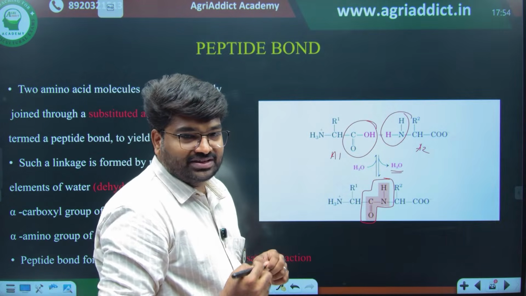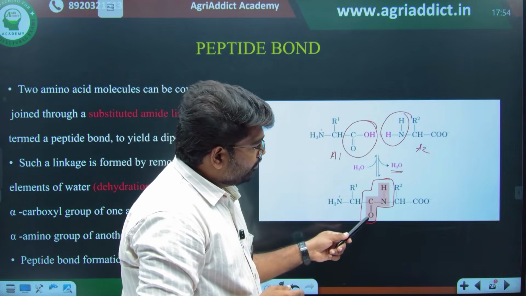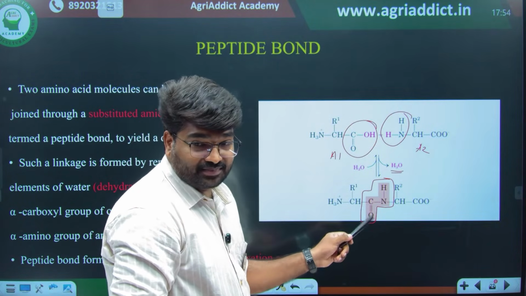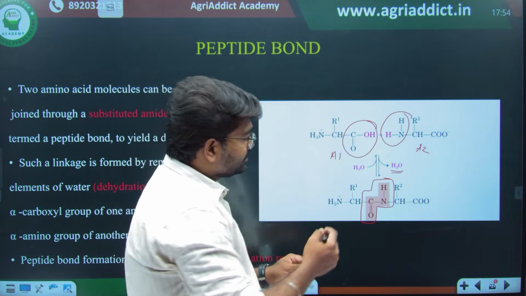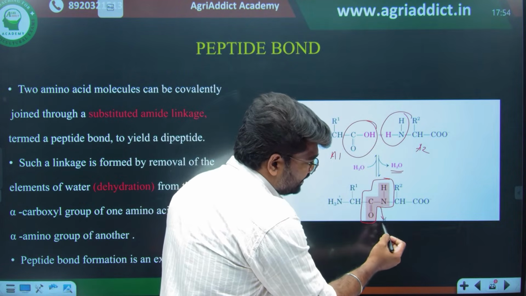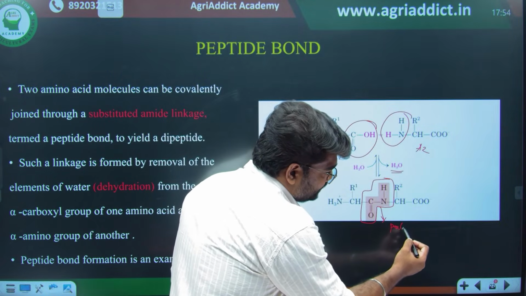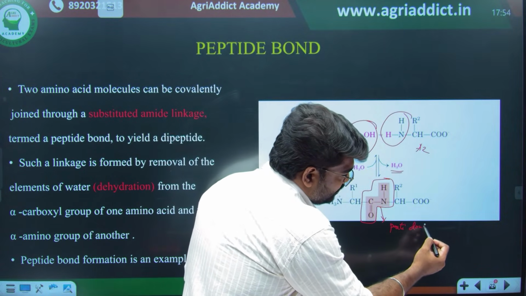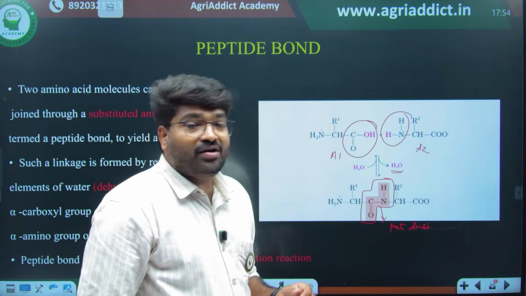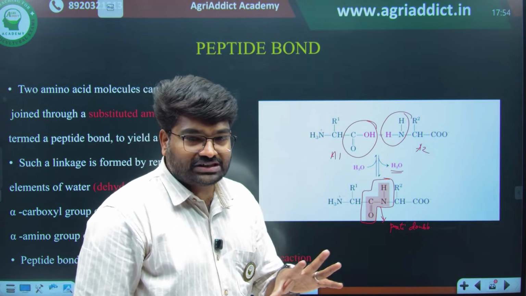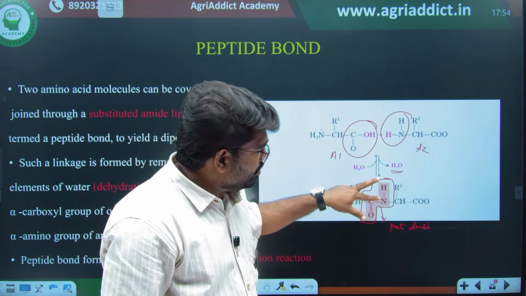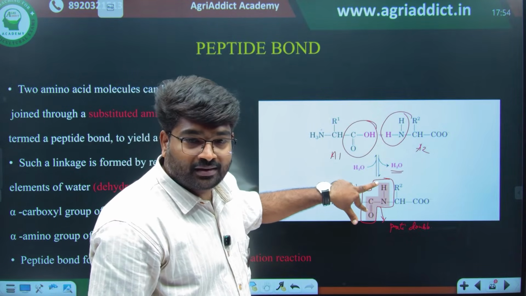If you see the peptide bond, C double bond O, NH will be there. This is the peptide bond, and the most important thing they will ask is that this peptide bond has partial double bond nature. And another most important thing, the peptide bond will always be present in trans form.